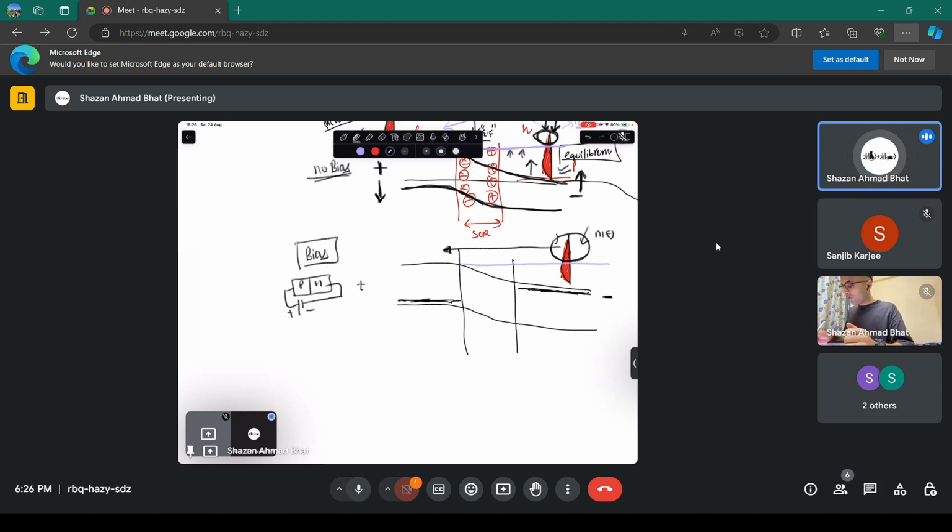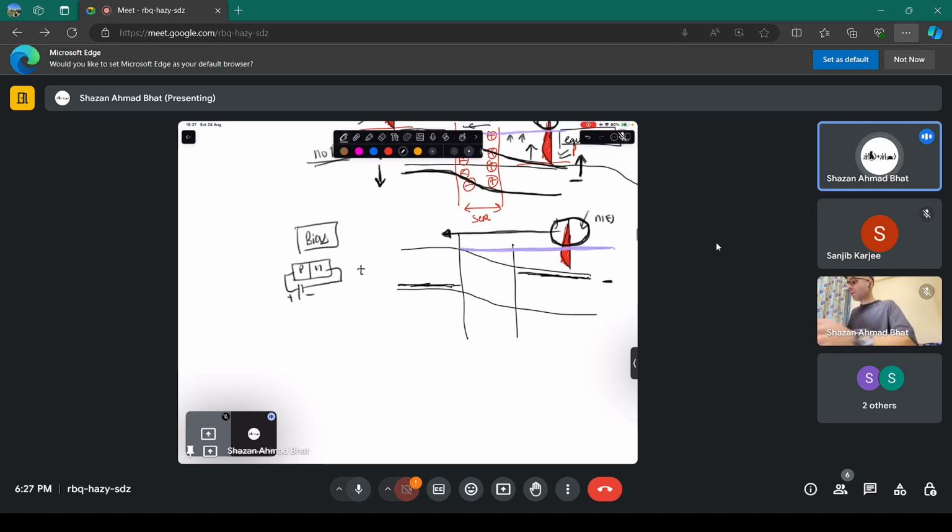More electrons come out from that Fermi region, and more electrons are now present at that end of the tail. Those electrons which have energy greater than the purple level, greater than this barrier, are going to cross the barrier easily, and that is what constitutes the conduction.